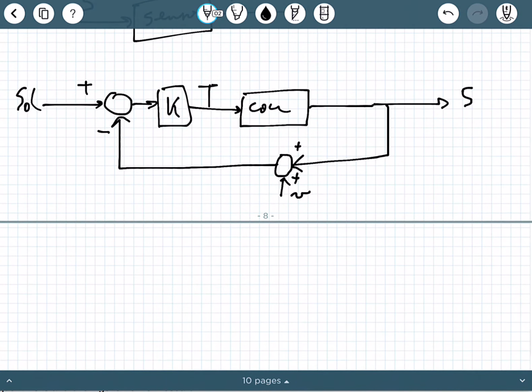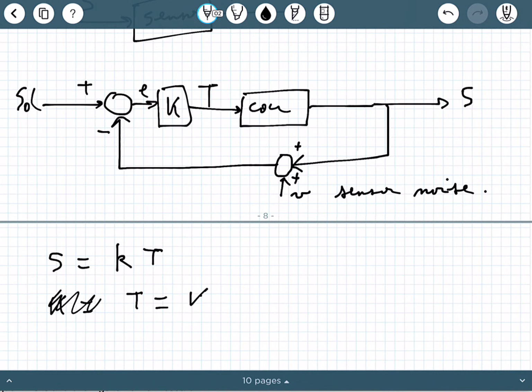Now, what is the effect of feedback on that sensor noise? Or to be more precise, let's look at the effect of the sensor noise on feedback. Well, I can still introduce my different quantities. I have S is equal to, let's simplify things and say it's going to be proportional to T. Okay? Now, T is equal to K times R, that is SD, minus what?